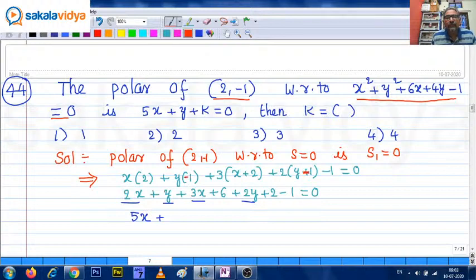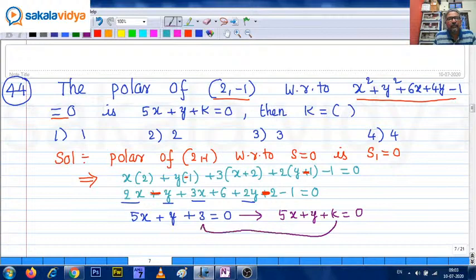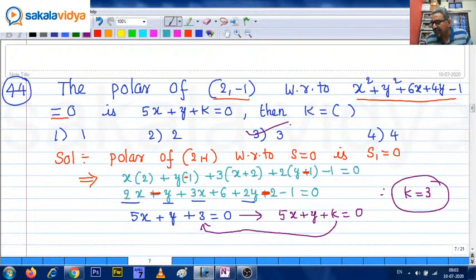This is minus 1, this will be minus 2, this will be minus y. Right. So 5x + y + 3 = 0. But what is given here? This is compared to 5x + y + k = 0. That means k equals to 3. Therefore, k equals to 3. Third option is the right option.